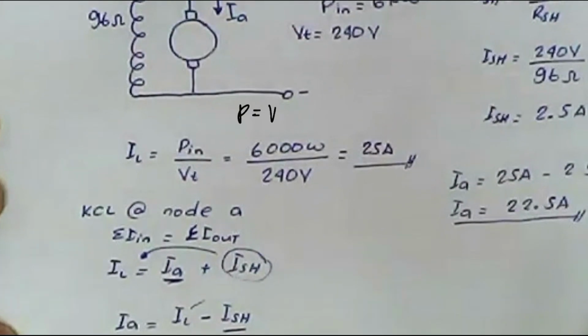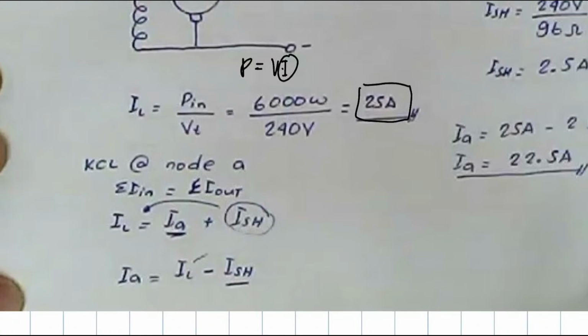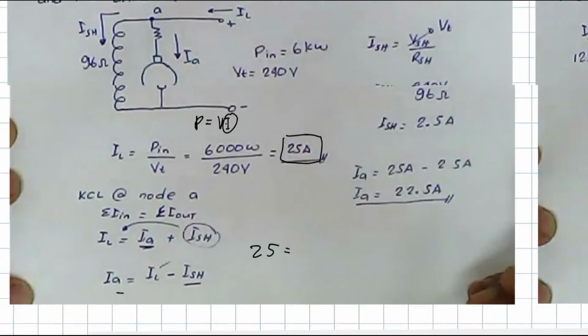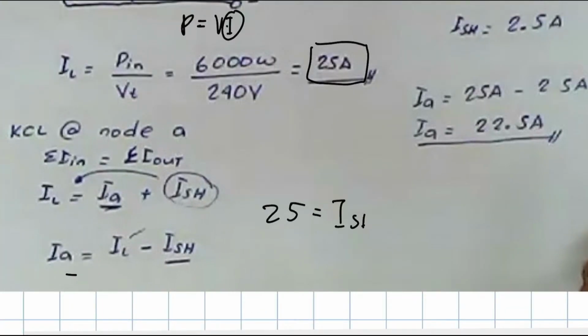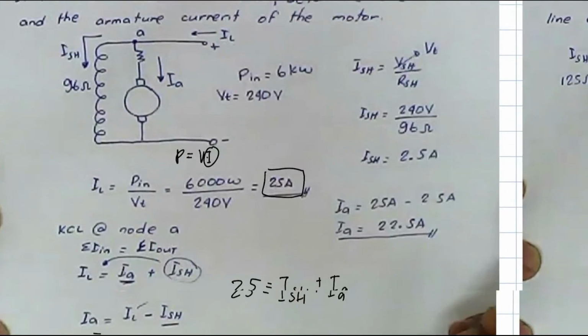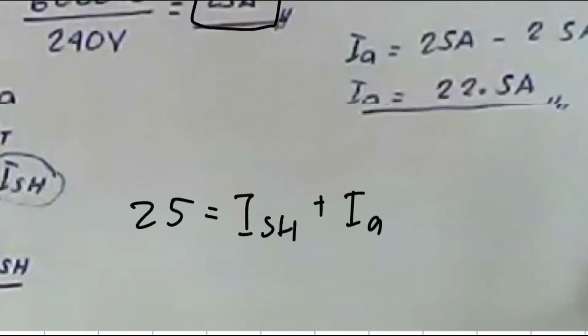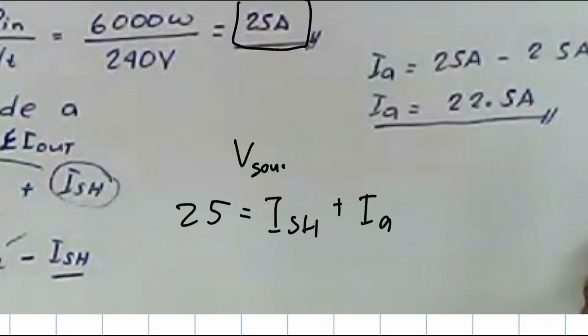So 6 kilowatt is the power. P equals to VI. So dia cari I. I ni berapa? 25 ampere. So use KCL. I in equals to I out, and then you will find this. So 25 equals to berapa ni? ISH plus IA. So kita cari ISH. ISH ni is the V over R. So macam aku cakap tadi, V source sama.